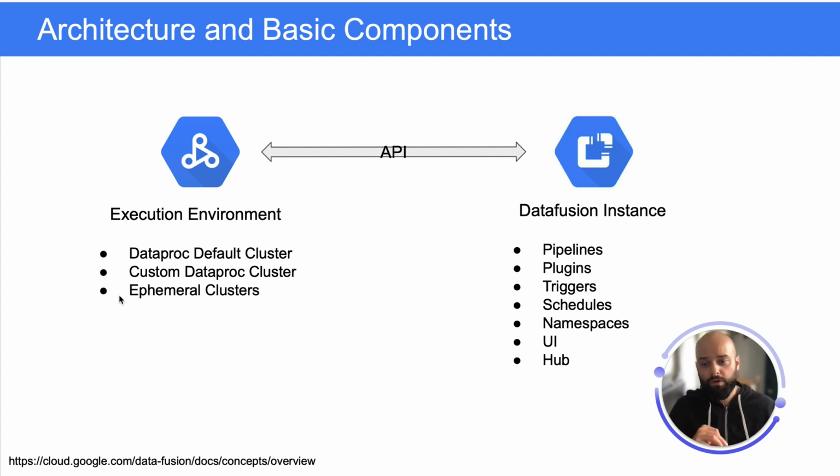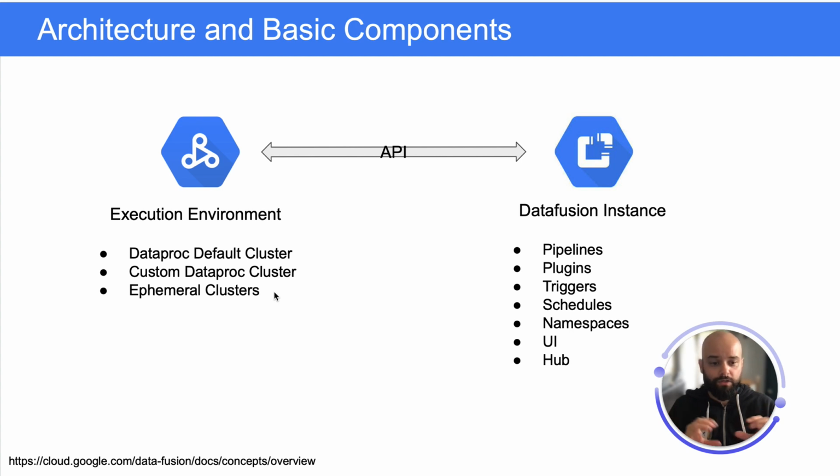And one more topic here is the ephemeral concept. With Datafusion and Dataproc, we try to always use the concept of ephemeral clusters. If we use the default cluster, we are for sure using that. If using a custom Dataproc cluster, it depends on whether your cluster is always on or not. But the ephemeral approach is basically like this.